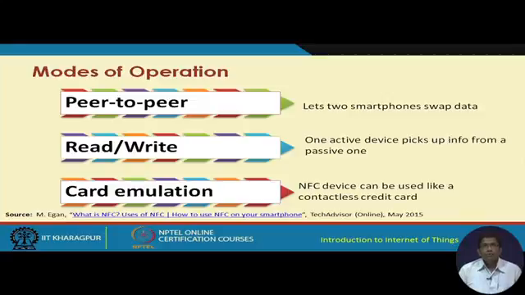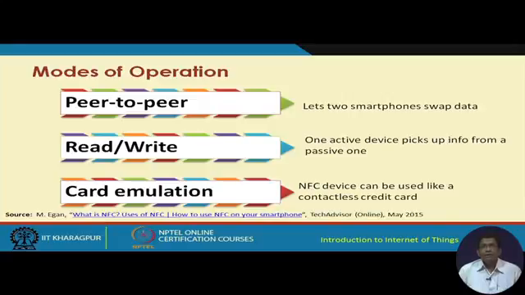In the read-write mode, one active device picks up information from a passive one. So, an active device picking up information from a passive device is an example of the read-write mode of operation.